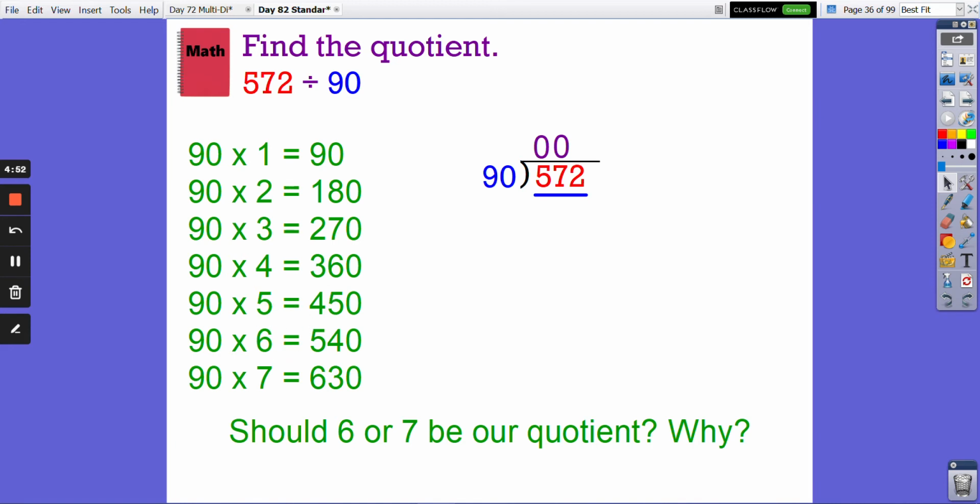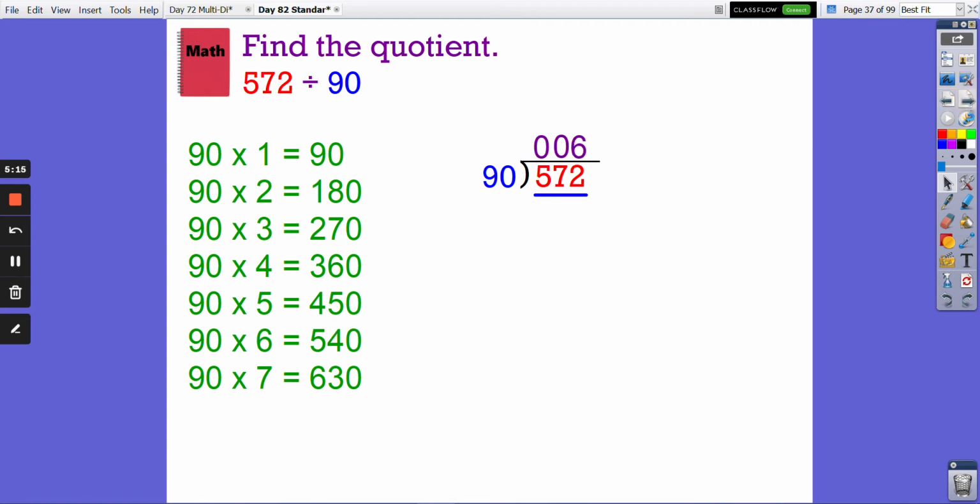We can make 6 full groups with some remainder. So should our quotient be 6 or 7? We can't do 7 because 630 is bigger than 572. So we can make 6 full groups with a remainder. So we're going to do 6.